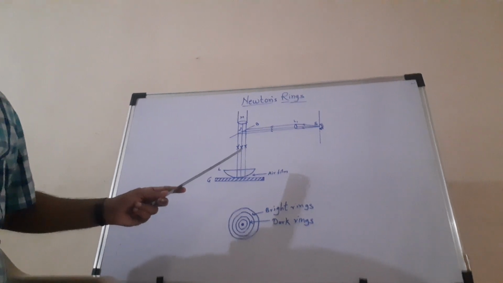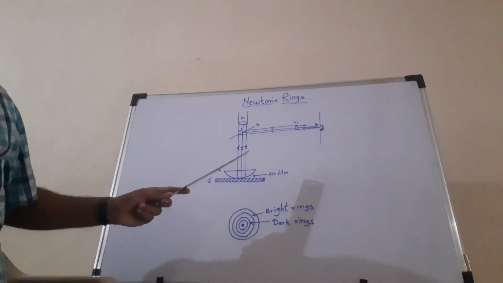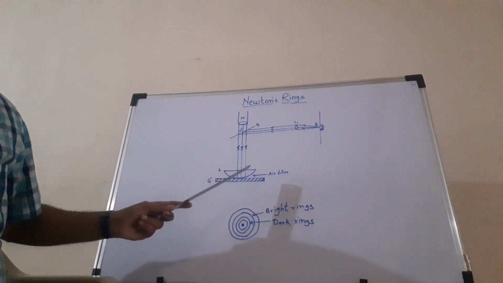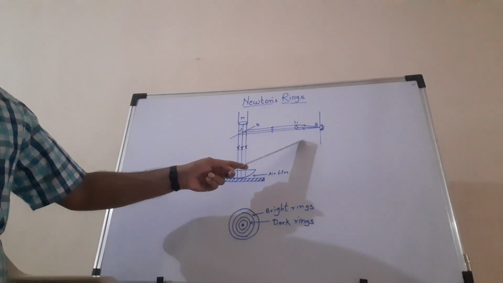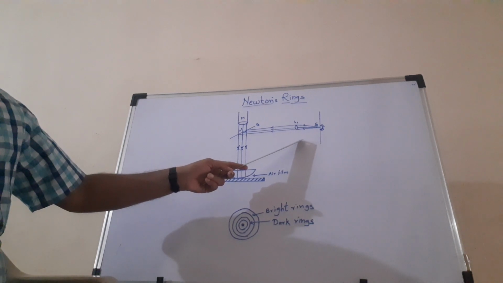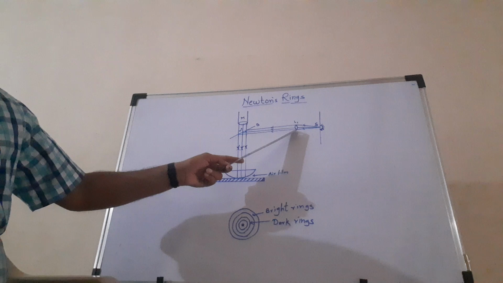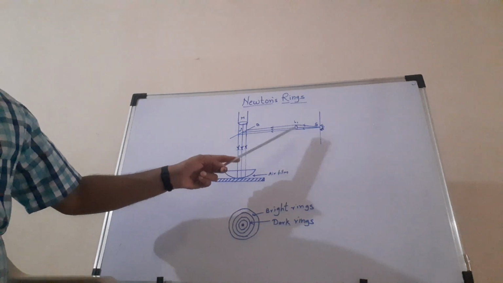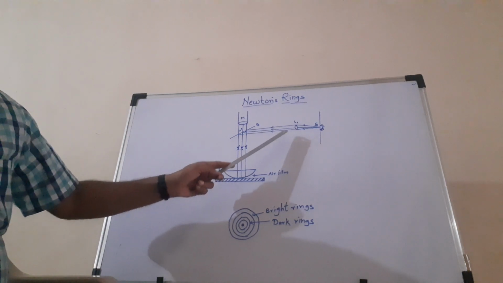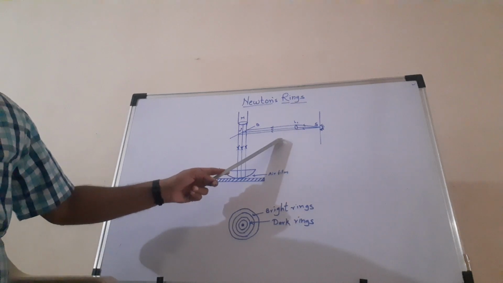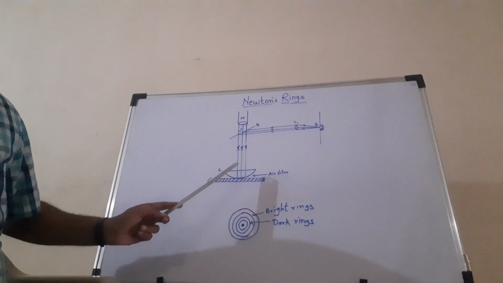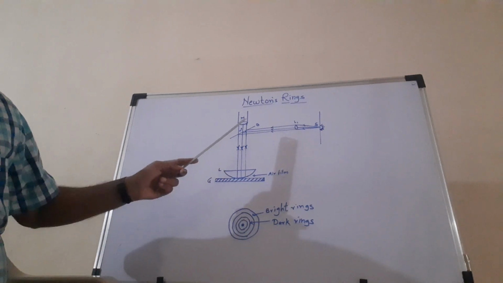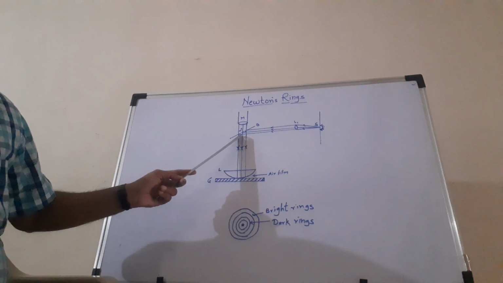So when the light from the monochromatic source is incident on the lens L1, as shown in this figure, the horizontal beam of light falls on this glass plate B, which is at a 45-degree angle.